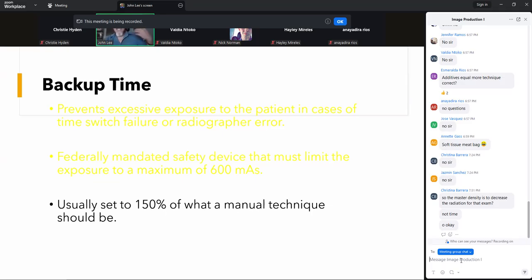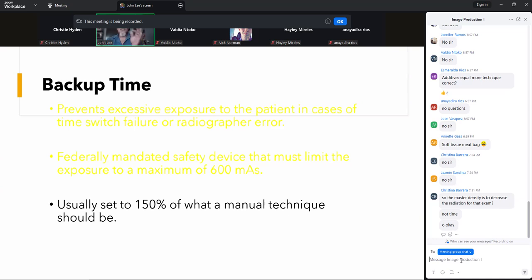If your mA setup is 400 and you have a 1 second backup time, there is a possibility that a patient will be exposed to 400 mAs. And if they only need 40 mAs, you've overexposed them by a factor of 10. And if image resolution, spatial resolution and image quality is compromised, now you've got to repeat it.